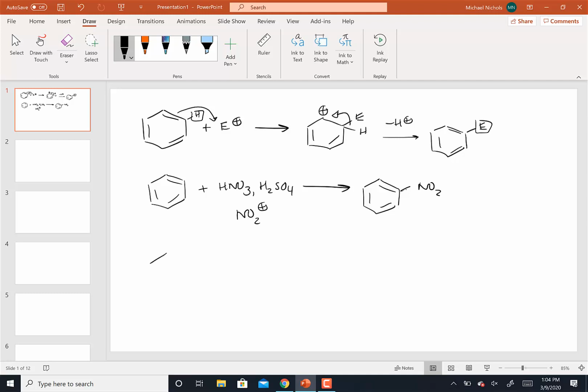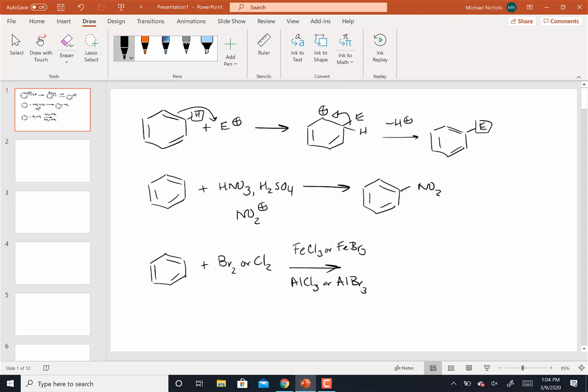Number two was, if we wanted to add a halogen, we could use either Br2 or Cl2. Our catalyst would be either FeCl3 or FeBr3, or it could also be aluminum trichloride or aluminum tribromide, depending on what halogen I'm using.